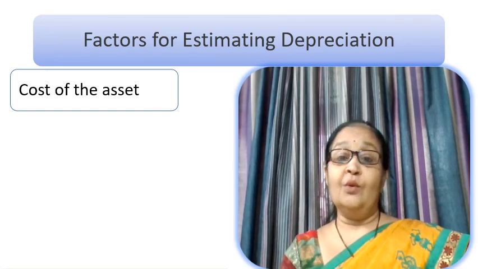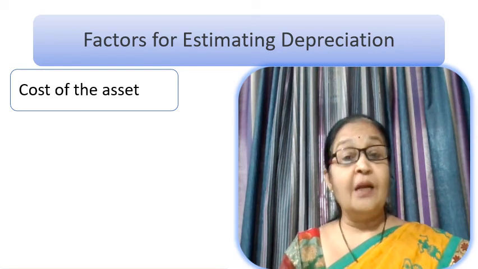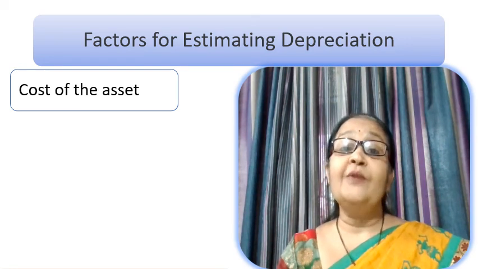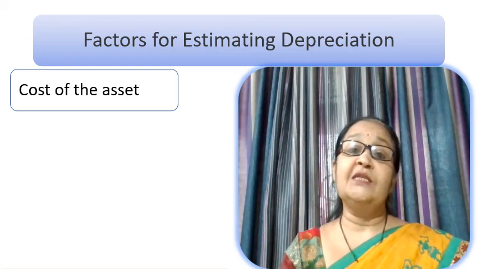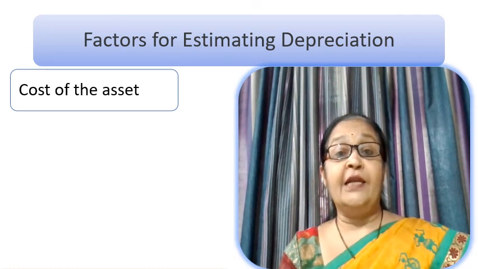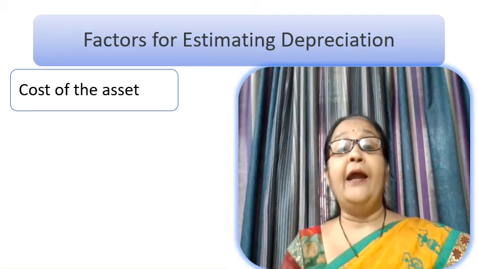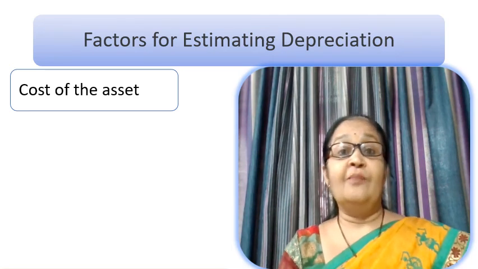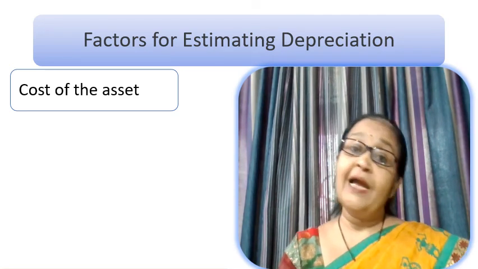These costs include freight, transportation, installation charges, commission, insurance, supervision charges at the time of installation, all those expenses which are incurred while bringing the respective asset into the organization or manufacturing unit and the installation of the same. All these expenses are included in the cost of asset.